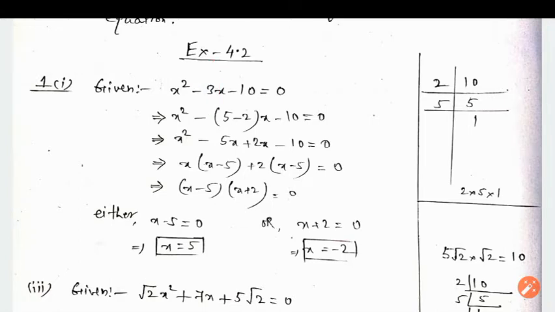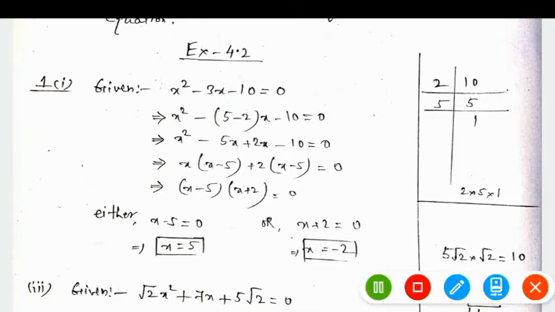We need to use these factors in such a way that if we subtract them, we get 3. Why subtract, why not add, sir? In that case you need to see the sign here. Minus is there, so we have to subtract. Now tell me how we will do that.